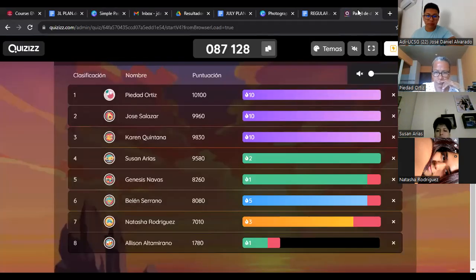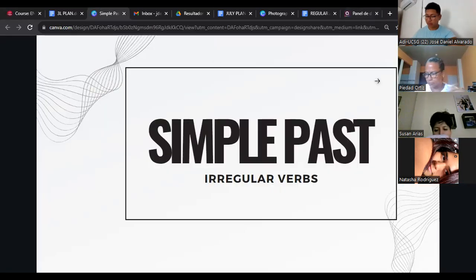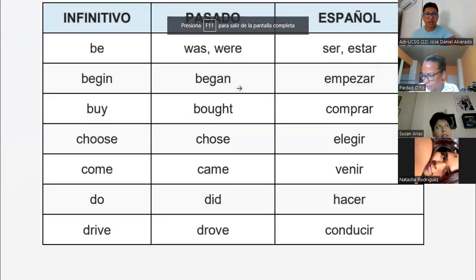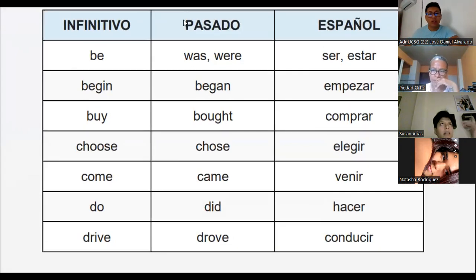Okay, we're gonna start checking some of the irregular verbs. So what you are going to do is to listen. You are going to listen to me and you are going to repeat. Okay, now pay close attention to the pronunciation of these irregular verbs.